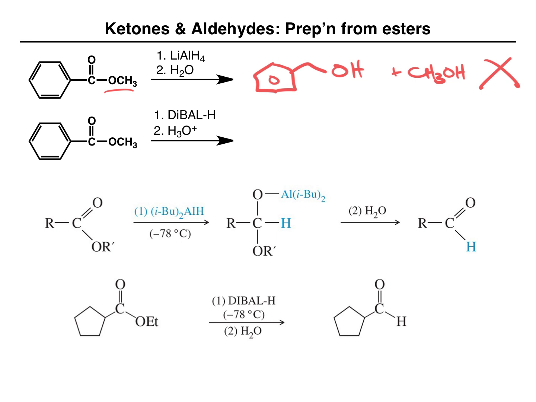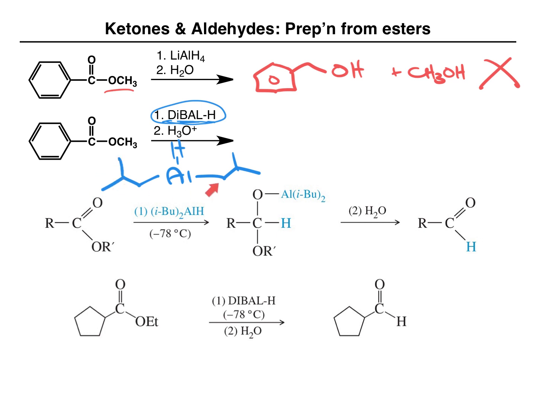So using lithium aluminum hydride on an ester doesn't help us to get aldehydes or ketones. Sodium borohydride isn't strong enough to reduce. Lithium aluminum hydride is kind of too strong. So DIBAL presents a nice alternative. DIBAL is diisobutyl aluminum hydride. So we have aluminum with a hydrogen, and then this is connected to two isobutyl groups. So isobutyl, 1, 2, 3, 4 carbons, and there's a methyl branch.